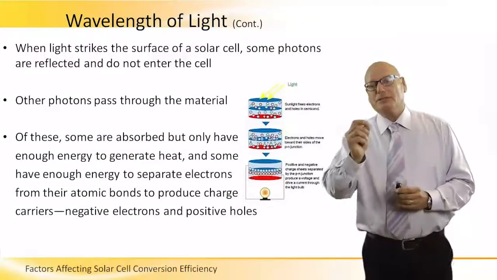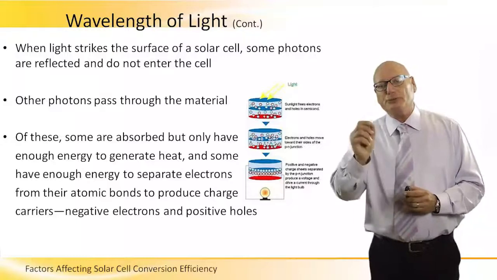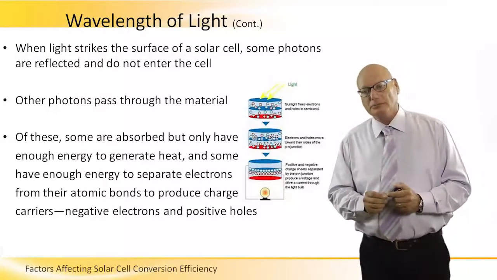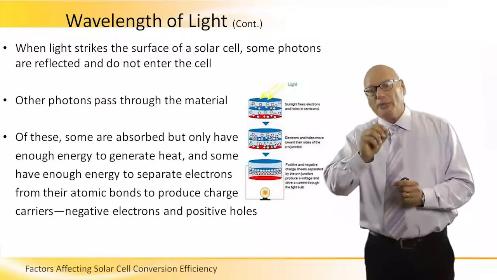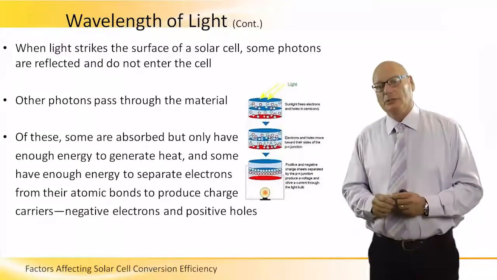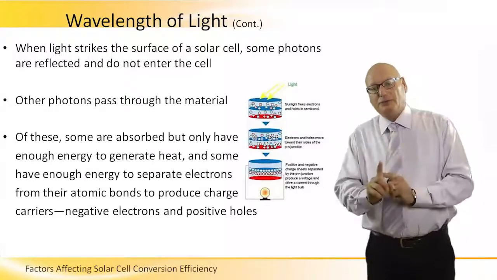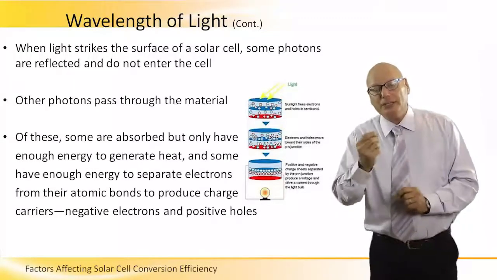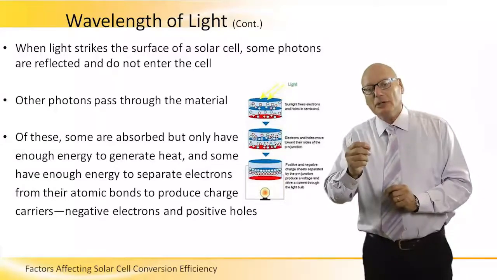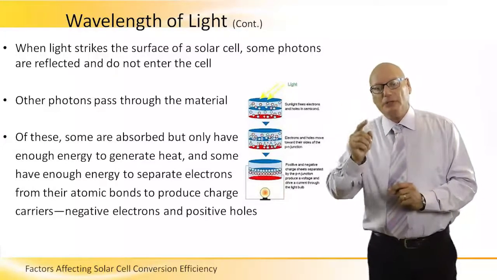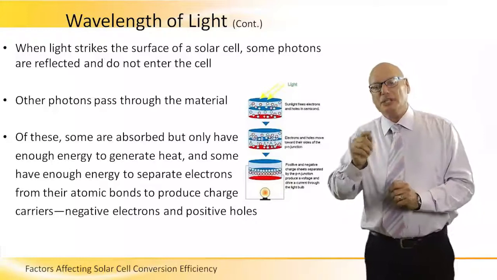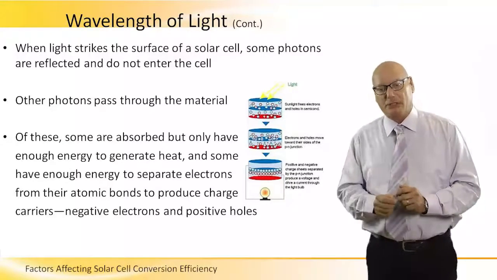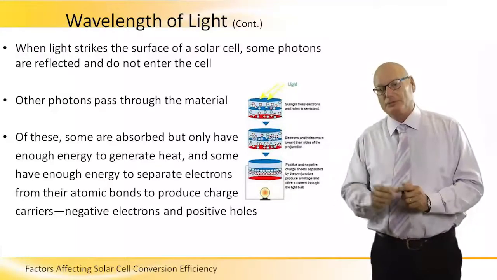When light strikes the surface of the solar cell, some photons are reflected and they do not enter the cell. Other photons pass through the material. Of these photons, some are absorbed by only having enough energy to generate heat, and some of them have enough energy to separate the electrons from their atomic bonds to produce charge carriers, negative electrons and positive holes.